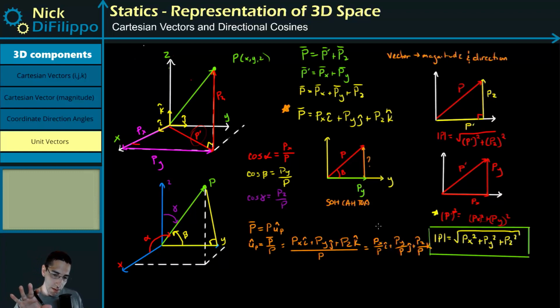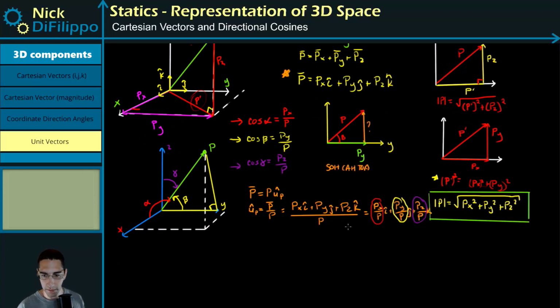All right, so now let's look at this. This is equal to this. This is equal to this. This is equal to this. So I can rewrite this slightly differently. Give myself a little bit of room.